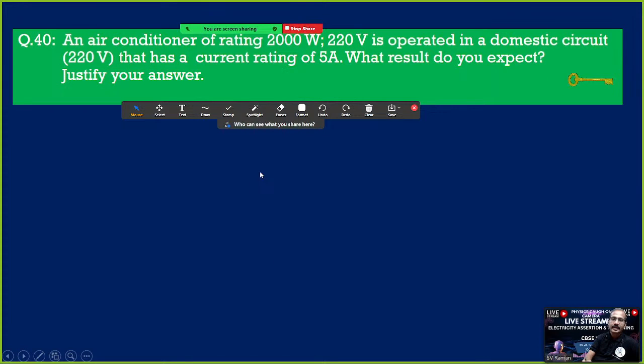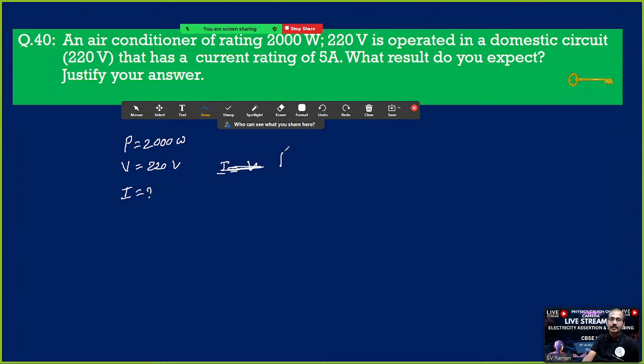Now the rate of power P is equal to 2000 watt, voltage 220 volts. Now the current rating they have given is 5 amperes, but still we can calculate the current.